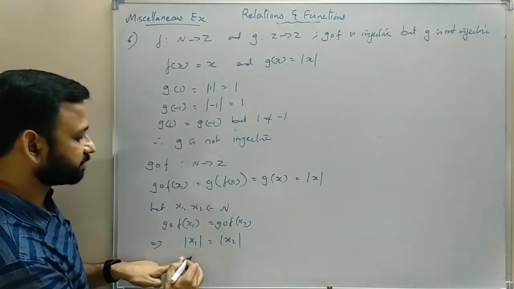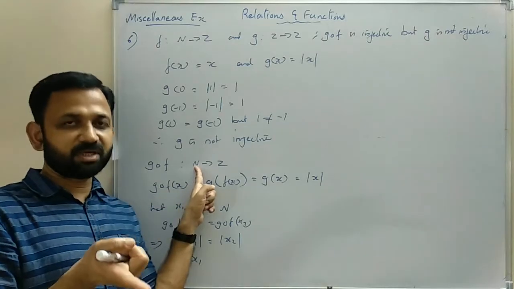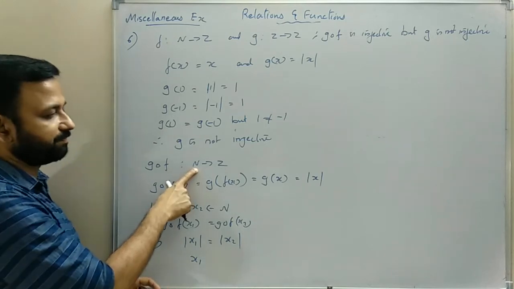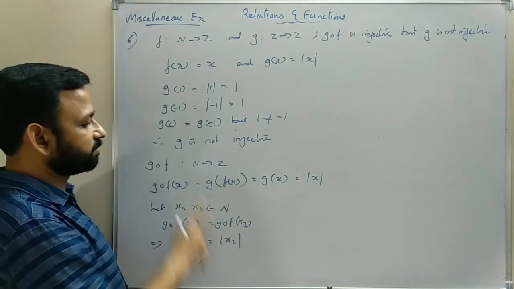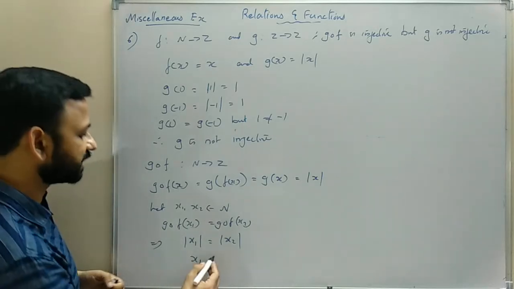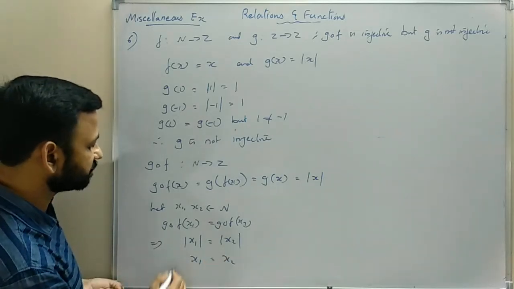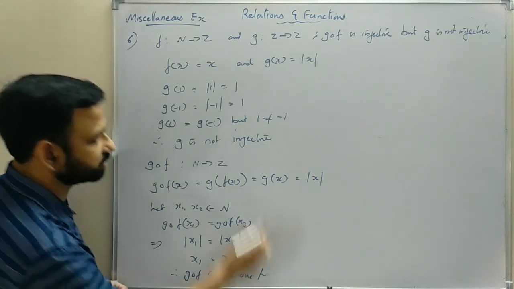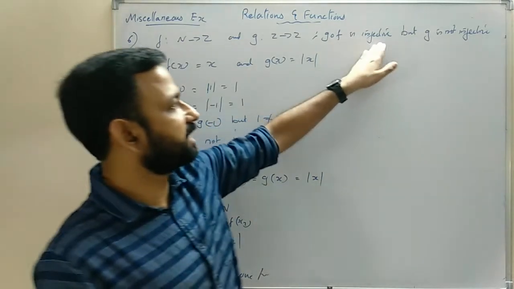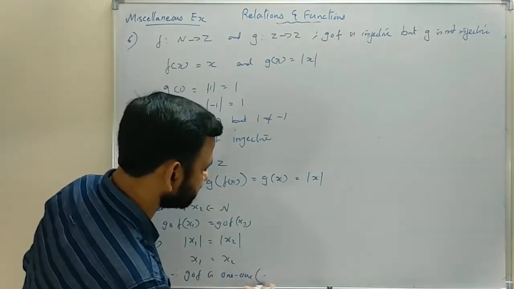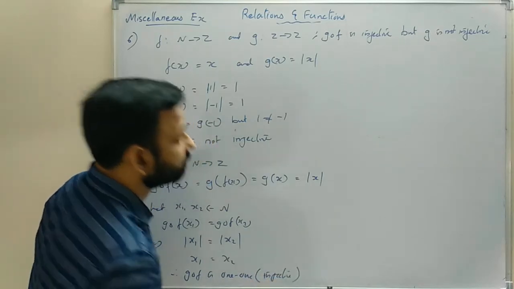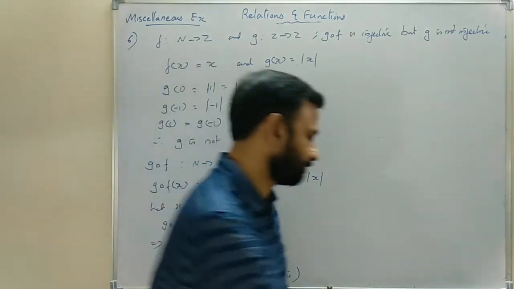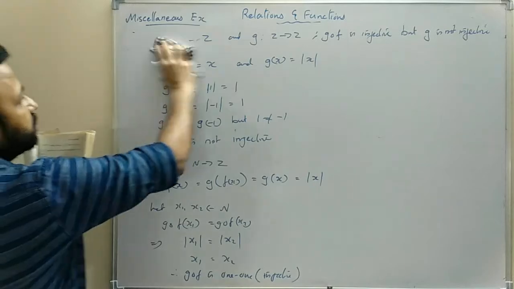Modulus of x1 is x1, because x1 is a natural number, so it cannot be negative. x1 and x2 are positive numbers because they are natural numbers. So modulus of x1 is x1 and modulus of x2 is x2. Therefore g composition f is a one-one function, that is injective. But g is not injective, while g composition f is injective. Now we will do question number 7.